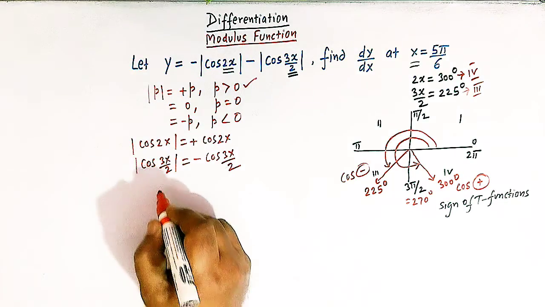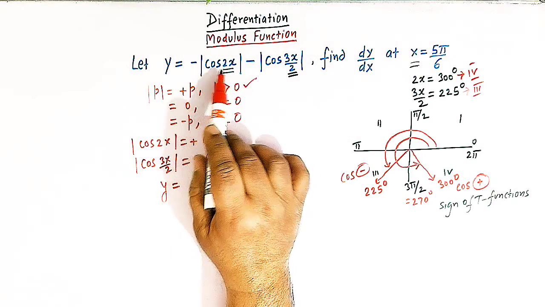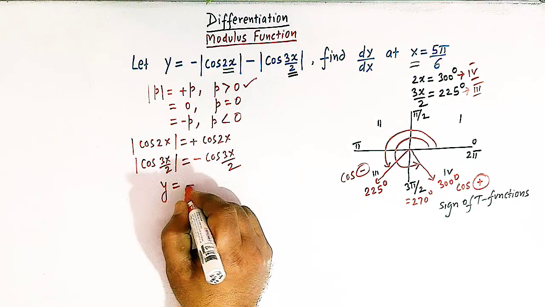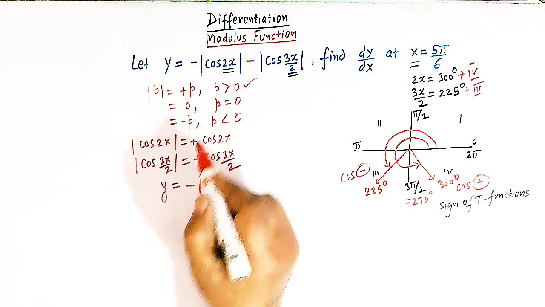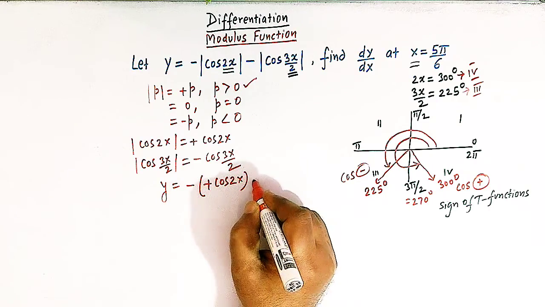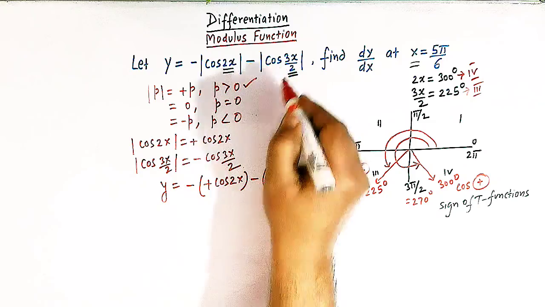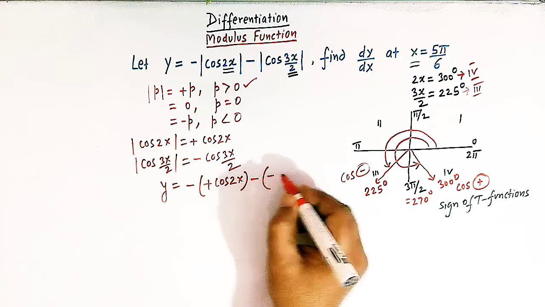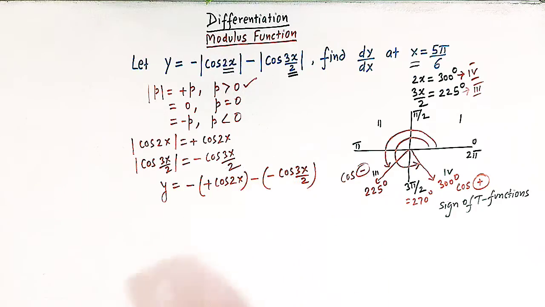So now this function, that is y, takes the form minus, here we have the negative sign, then mod of cos 2x is positive cos 2x, and then we have minus, and here mod of cos 3x over 2 is minus cos 3x over 2, right?